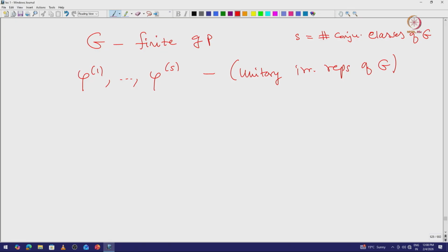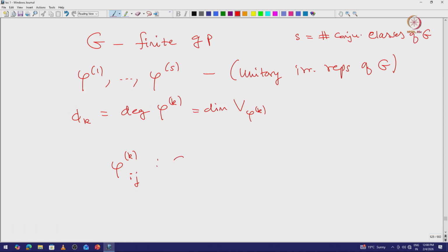So, now what we will do, we will fix these matrix coefficients. So, denote d_k by the degree of this representation phi k, which is exactly the dimension of V phi k. So, given this phi k, we can talk about its matrix coefficients.